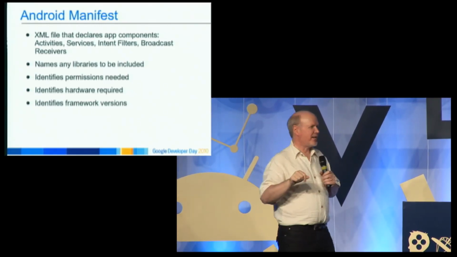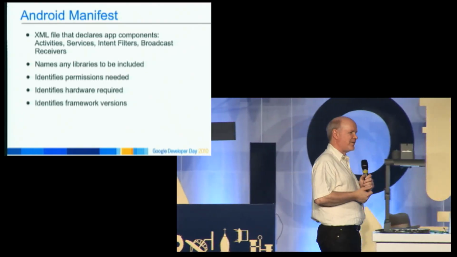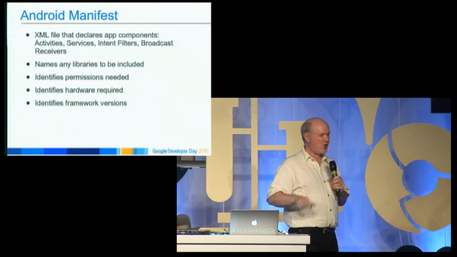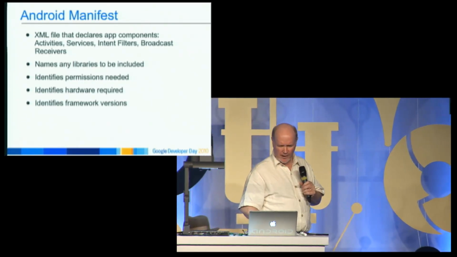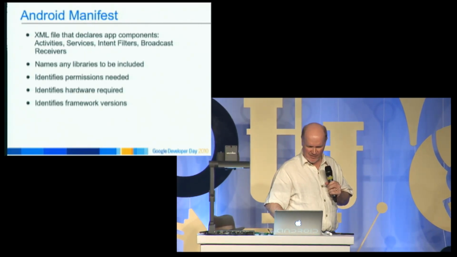That's really important, because there are a lot of different Android devices, and more different kinds coming all the time, and the Android manifest is how we make sure that nobody will ever see an app that they can't run. Okay? I could easily spend this whole talk talking about the Android manifest, but I won't, because that would be boring.